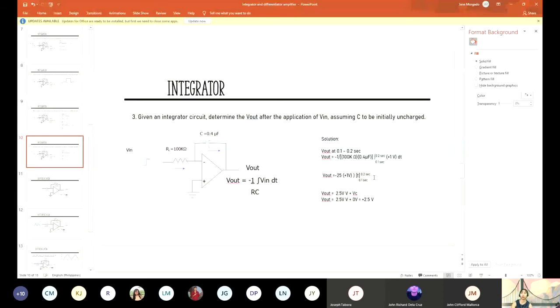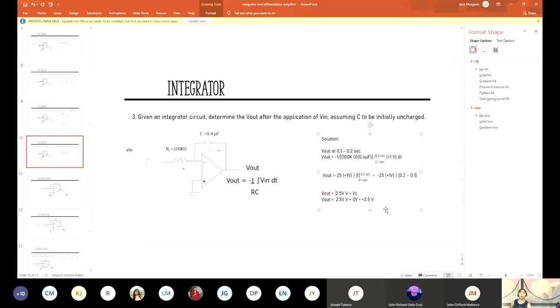So it's actually equal to negative 2.5 plus VC.